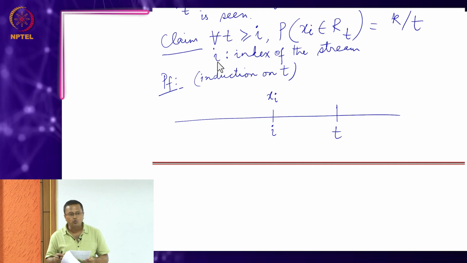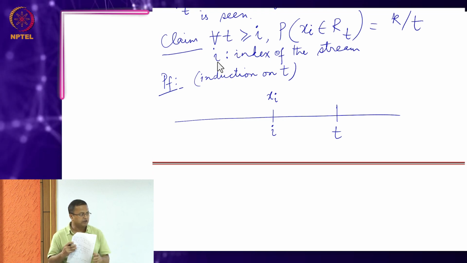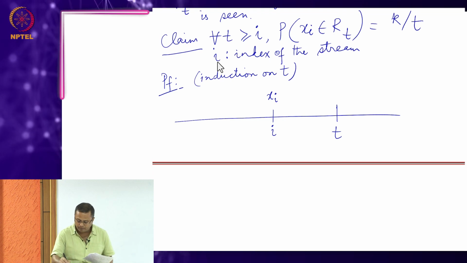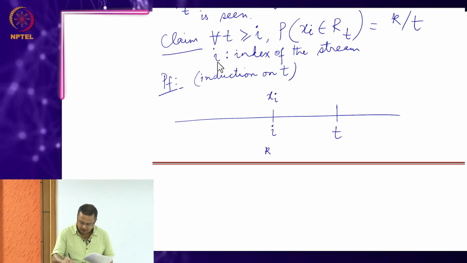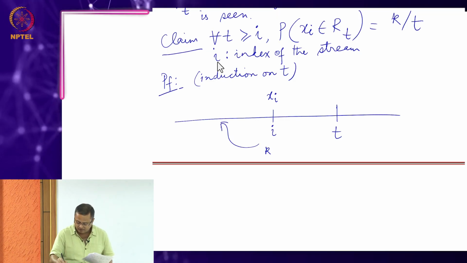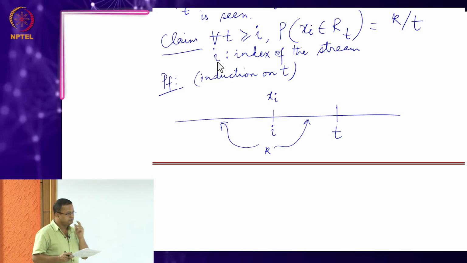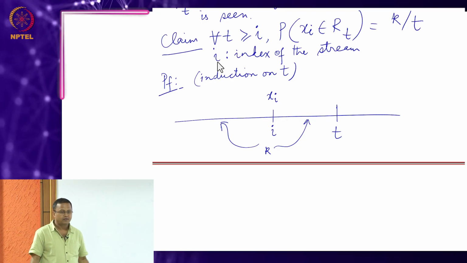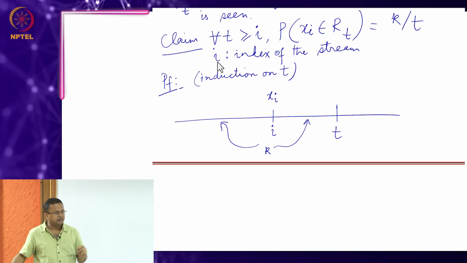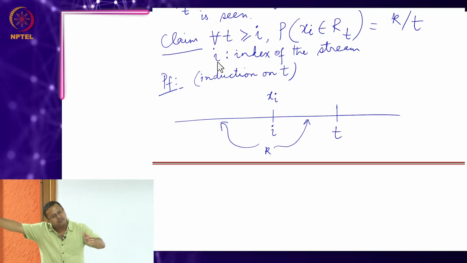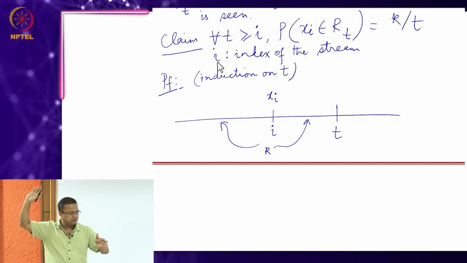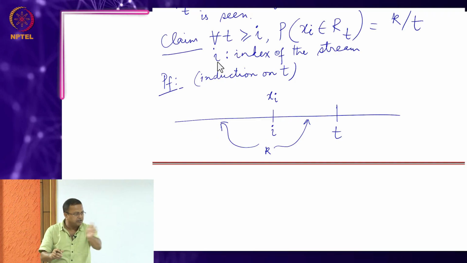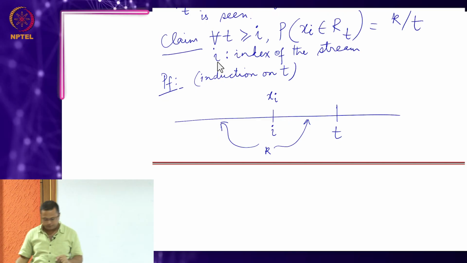So, that means if I look at k, the reservoir size, so k can be either in this region or in this region, right. If k is in this region, that means i has grown over the reservoir size, and if it is in this region, it is still filling up the reservoir.